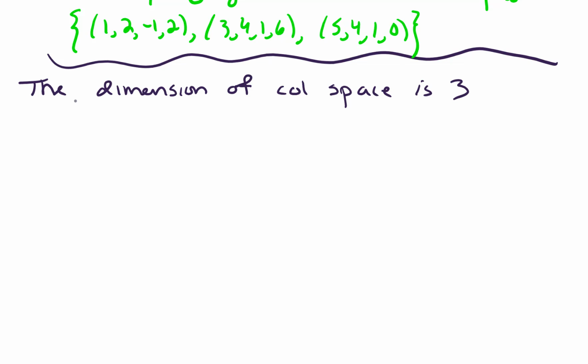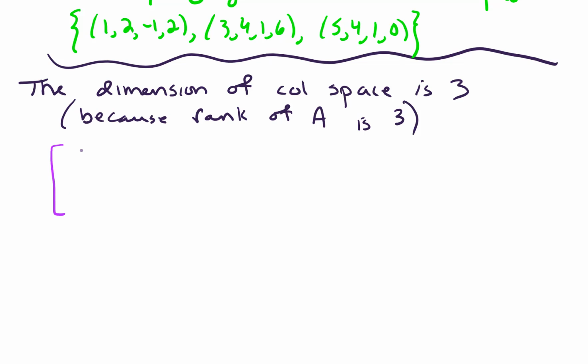And again, this is because the rank is 3, and the rank tells us the dimension of the column space and the dimension of the row space. All right, so we know that our column space has dimension 3. And a quick way to figure out the column space is to look at A. A was the vector 1, 3, 5 in the first column, 2, 4, 4 in the second, negative 1, 1, 1 in the third, and 2, 6, 0.